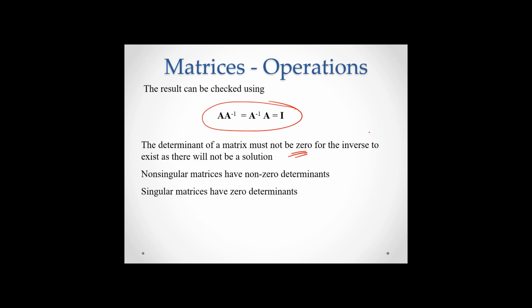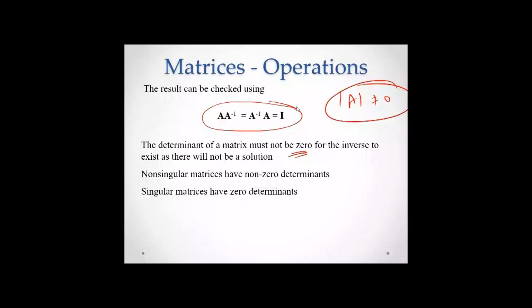That means no real solution. So that means the inverse will not exist, right? So determinant has to be not equal to 0. This is the most important condition that we have to keep in mind while calculating inverse. Okay, and non-singular matrices have non-zero determinants and singular matrices have zero determinants.